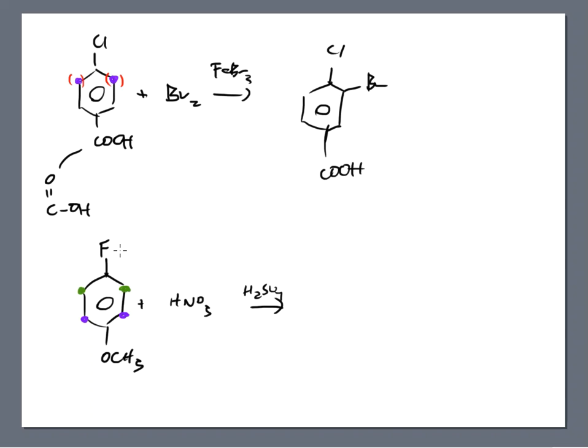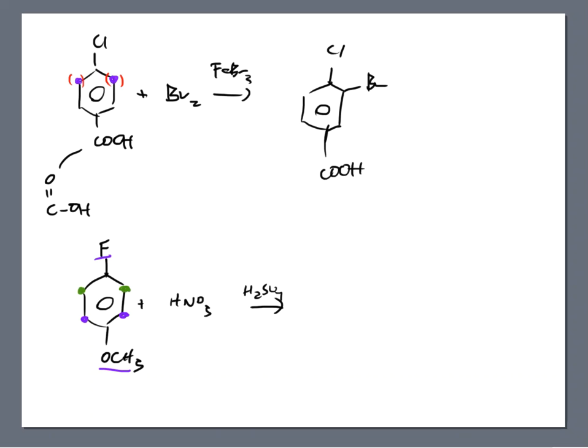Is there one? Sometimes there isn't. We've already talked about that. But in this case, there is. Because if I look at the chart, the OCH3 group is a stronger activator than the F. It's above it in that chart. And because it's a stronger activator, that is going to call the shots.